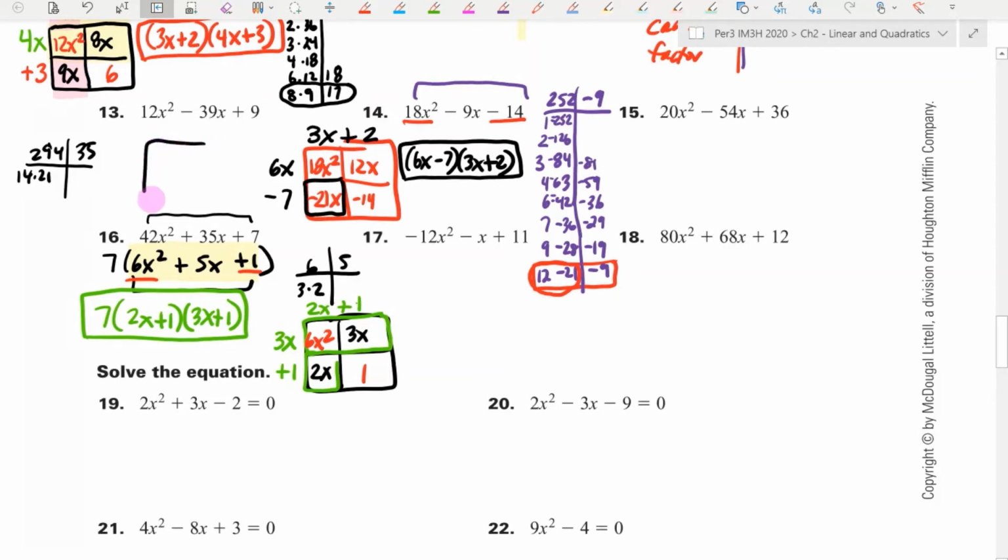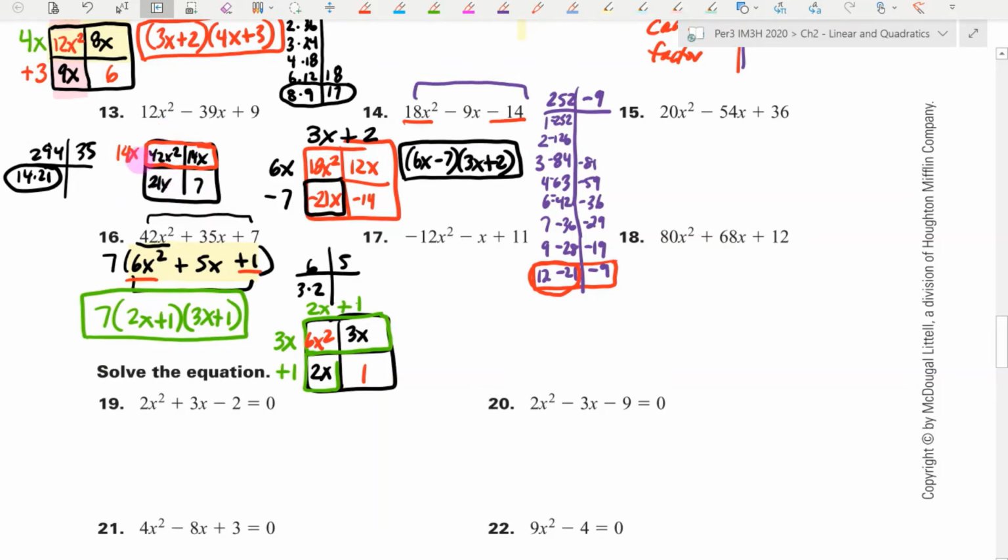So if I finish that problem and use these two numbers instead, 14x and 21x, and then I use the original numbers, 42x squared and 7, which some of you did, then you have to pick out what these two have in common, which is a 14x. And then here, you cannot pick what the 42 and the 21 have in common because you're going to get the wrong answer.